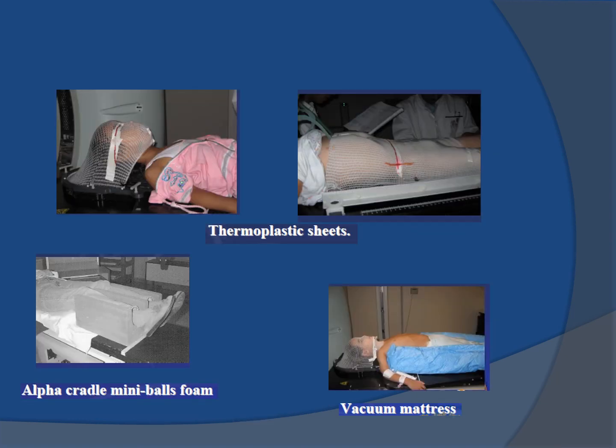Other types of positioning aids include thermoplastic sheets, alpha cradle, mini pales foam for leg support or leg fixation, and vacuum mattress. This vacuum mattress takes the same impression of the body of children, so during the setting it obliges the child to lie in the same manner in each setting.